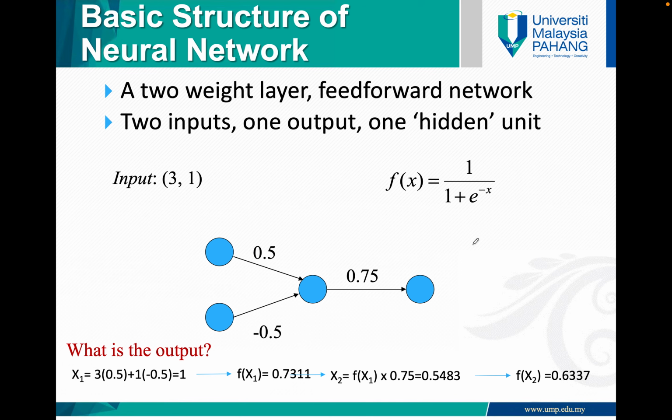Input 3 times the weight 0.5 plus input 1 times minus 0.5 equals 1. Then we put the x value 1 in the formula, 1 over 1 plus the exponent of minus 1, and we will get 0.7311.